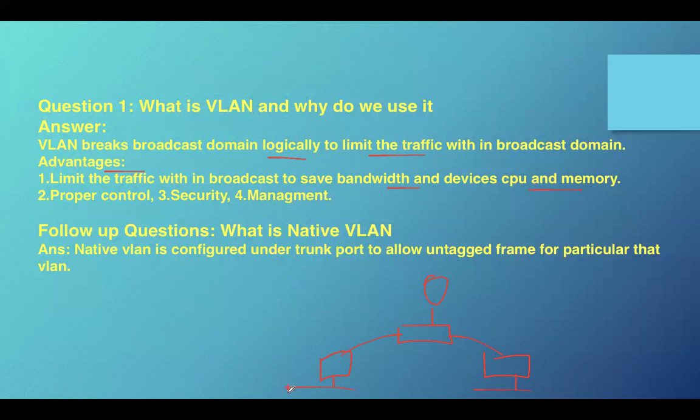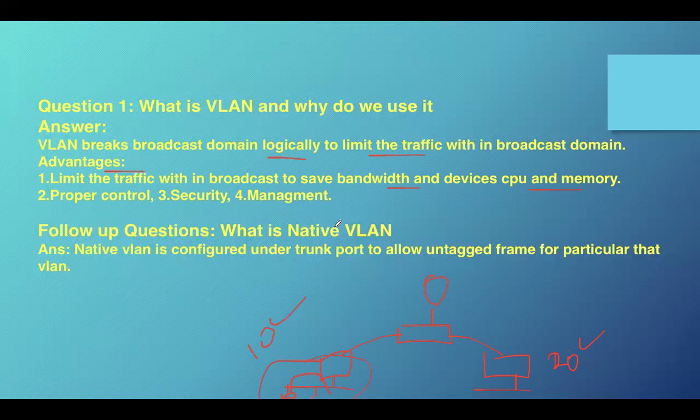If a user over here sends a broadcast message and you've configured this as one broadcast domain, say VLAN 10, the traffic from this machine would remain in this broadcast domain and never cross. If this is part of VLAN 20, then VLAN 10 and VLAN 20 would not communicate. In order to make them communicate, you have inter-VLAN routing.